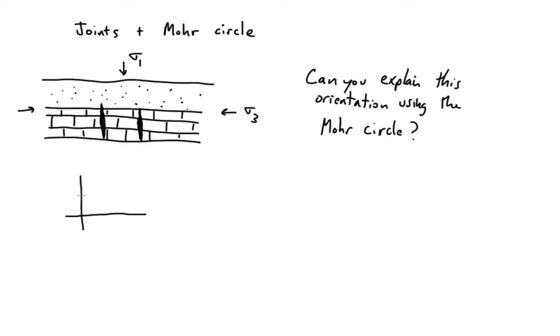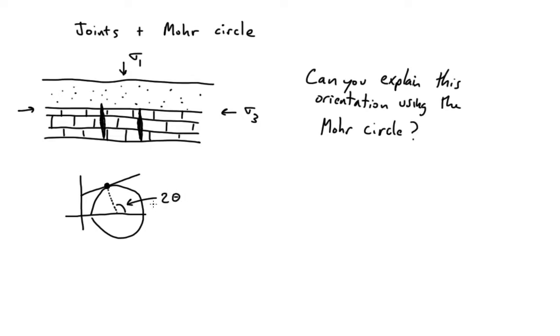Before, we had this fracture envelope. And we talked about how the point where the fracture envelope touches the Mohr circle, we can define that as an angle 2 theta.